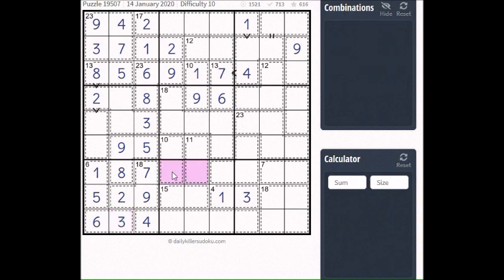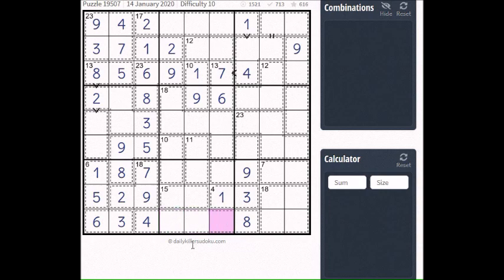Note that also the 3 and 6 here would make this 2, 5. Note also that the 8 here would make this 9, and this would be 8. Now here we have 2 and 5 with 9.